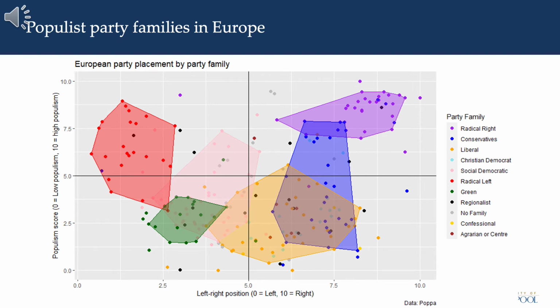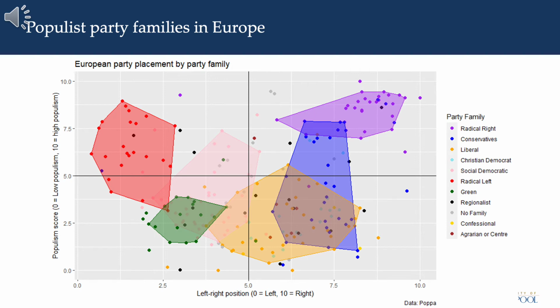Now what is interesting is that the only group firmly in a populist quadrant is the radical right. Okay, so they are, as we'd expect, on the right, and they are, as we'd expect, populist. Now the radical left, the big red bag on the left, most of the radical left are populist, although there are a fair few that fall in the lower half, the lower quadrant, so are not fully populist.